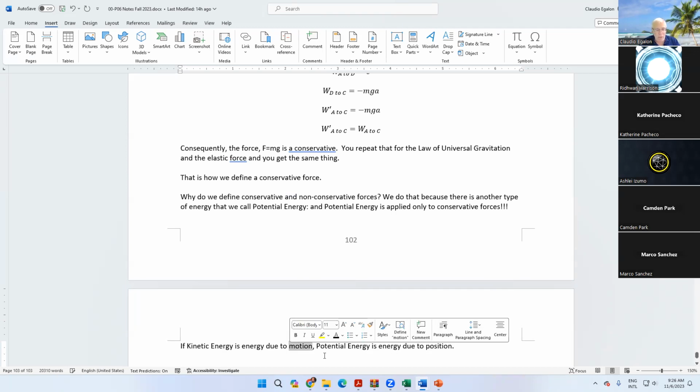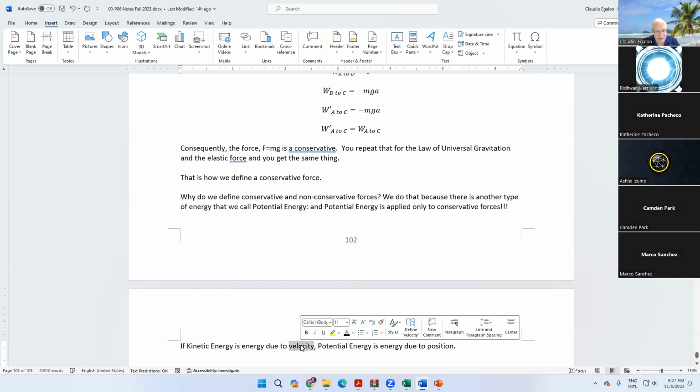Instead of due to motion, let's write it down, due to velocity. That's the difference of those two types of energy. One depends on the velocity, the other depends on the position. And how do we define potential energy?